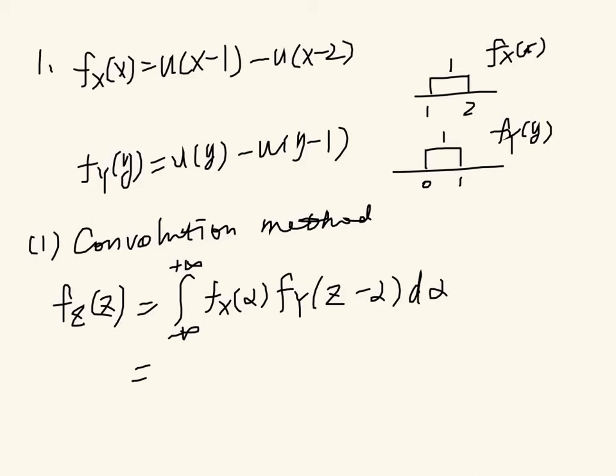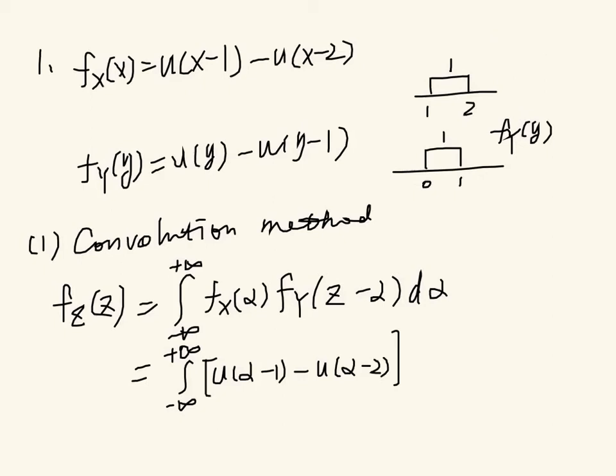This is equal to the integration from minus infinity to positive infinity, f of alpha, which is u alpha minus 1 minus u of alpha minus 2, times f of y z minus alpha.